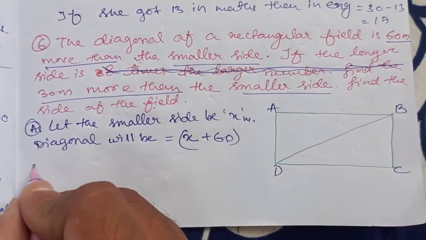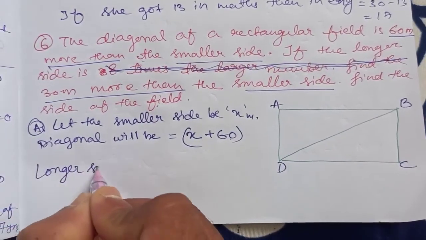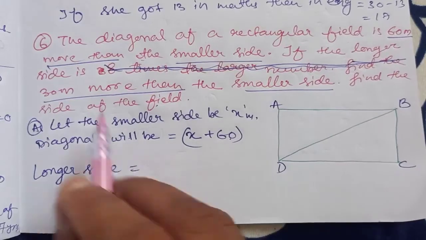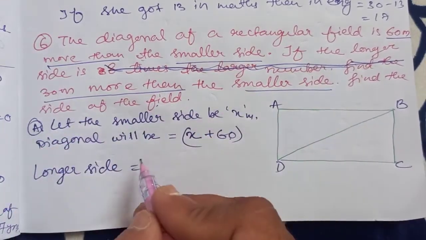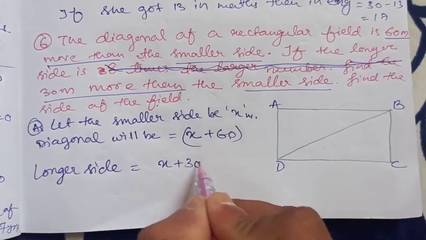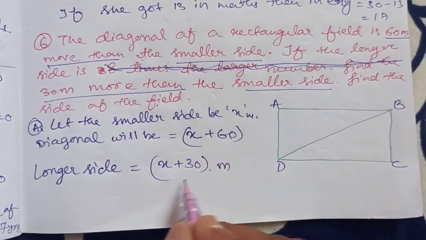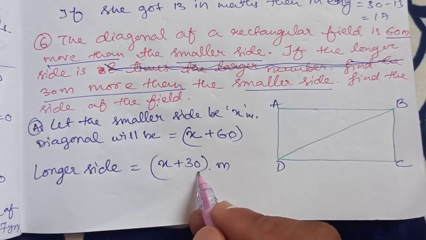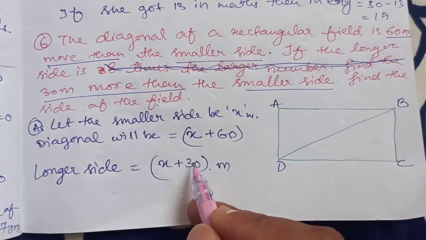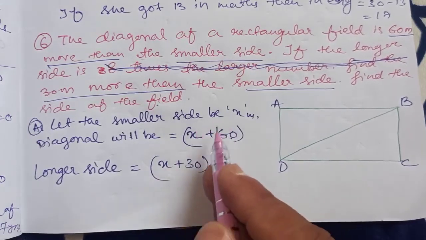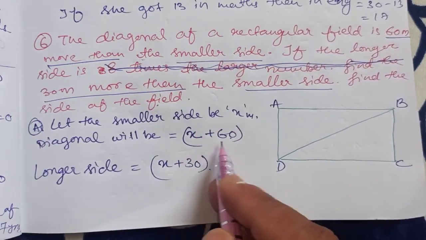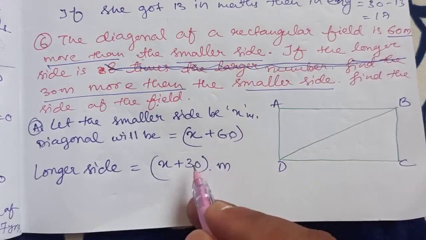Okay, longer side is 30 meter more than the smaller side. So this is the value of longer side, x plus 30, because smaller side is x, 30 more than that is x plus 30. Similarly, 60 more than x is x plus 60. So these are the three values.